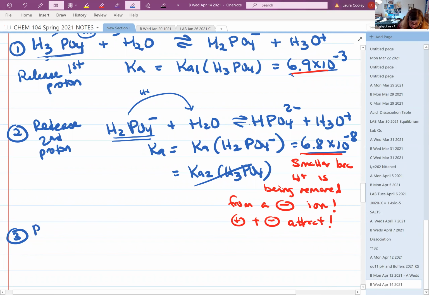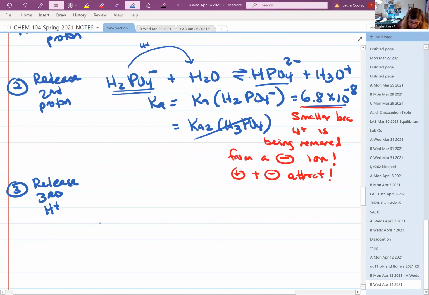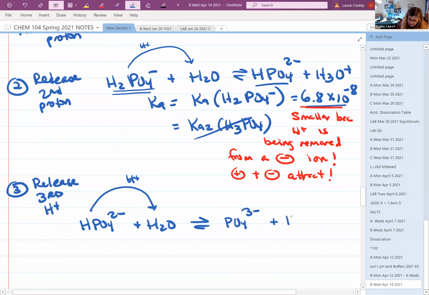Well, let's try releasing the third proton. So you would start with HPO4 2 minus and water. Now you end up with just phosphate, PO4 3 minus. And the Ka, which is the Ka for HPO4 2 minus, is even smaller still. Look at this.